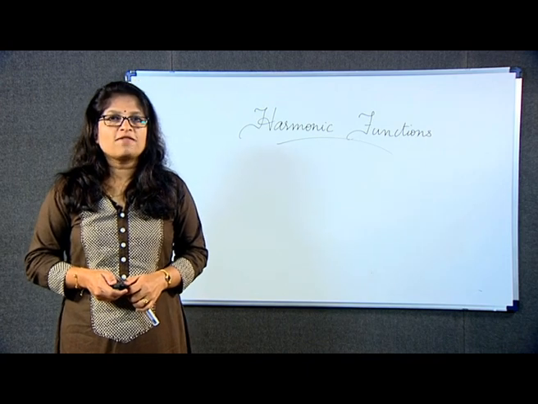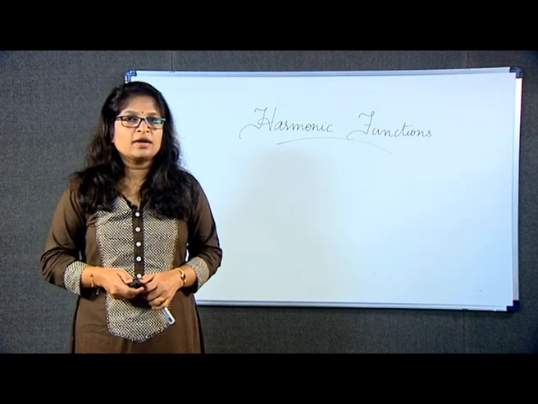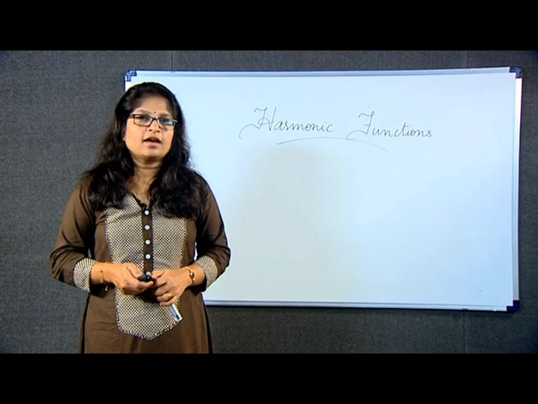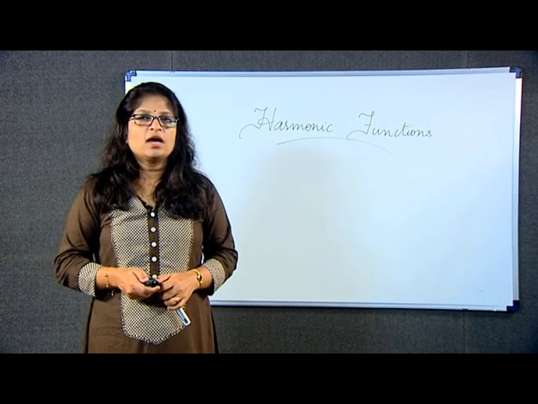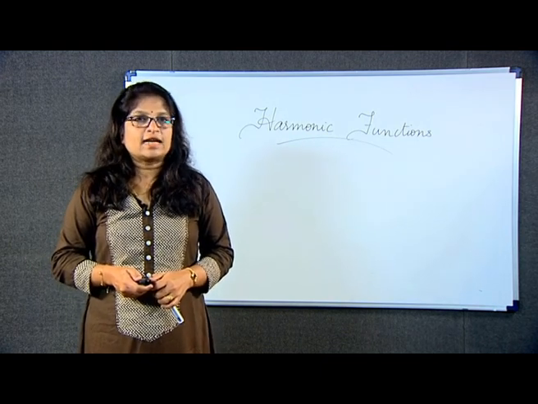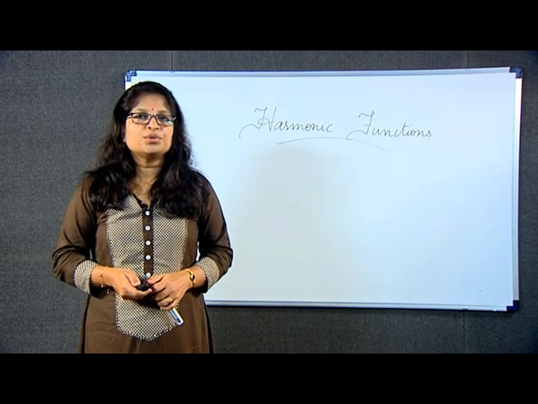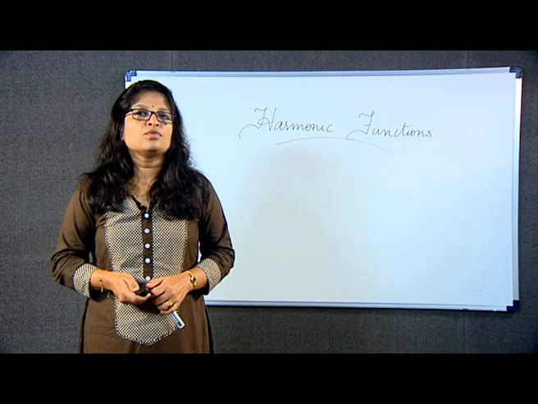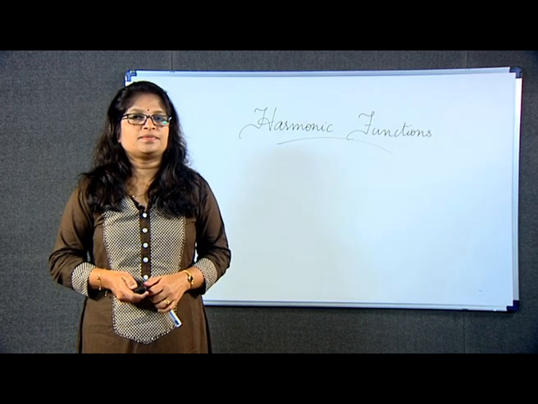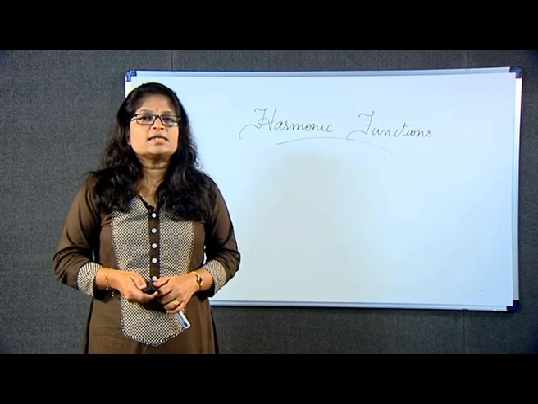Given a function u of x y harmonic in, say, an open disk, we can find another harmonic function v of x y, so that u plus iv is an analytic function of z in the disk. So, clearly you know that v is called the harmonic conjugate of u. So, let us see one example.